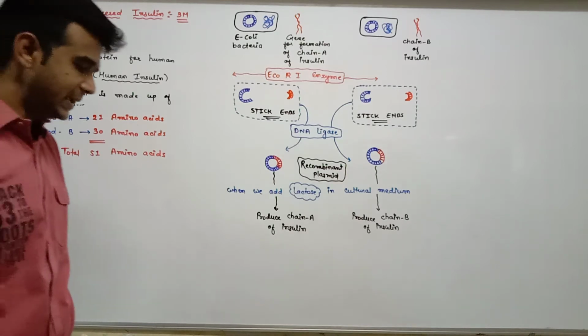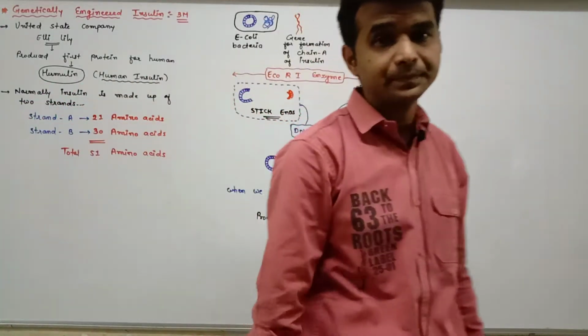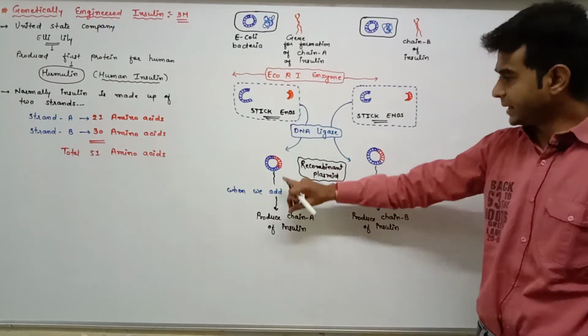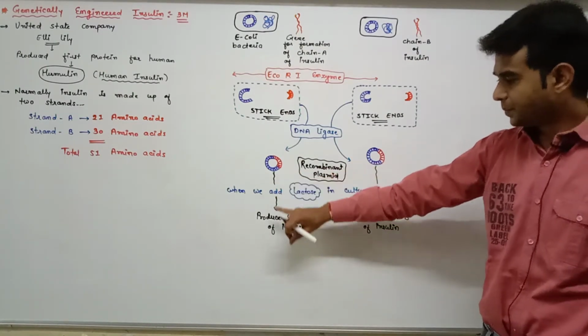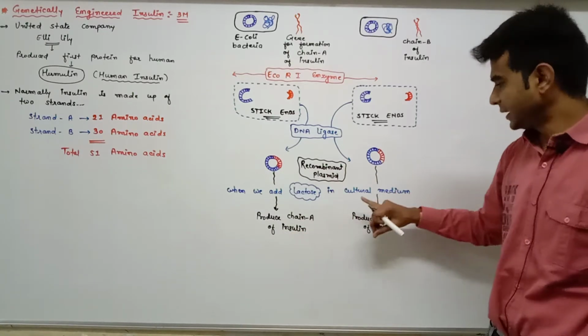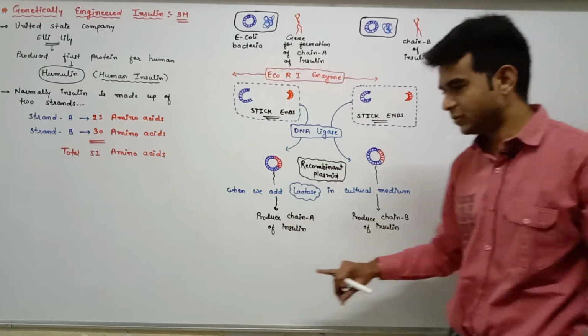So when we add lactose in the culture medium, this recombinant plasmid produces the insulin chain A, and this produces the chain B of insulin.